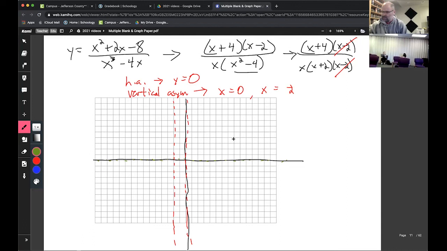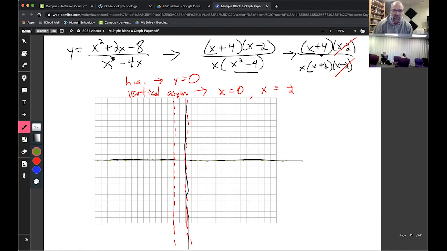Let me just backtrack a little bit here. We're just plugging in values. If we just set x equals 0, well, that is going to mess everything up, isn't it? So let's pick some other values here.